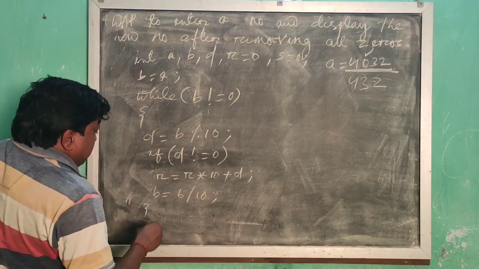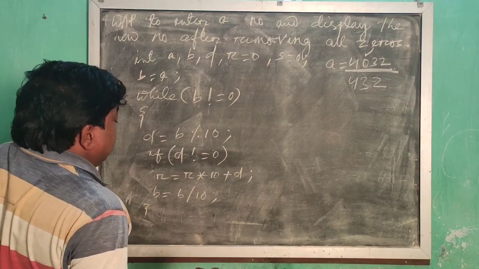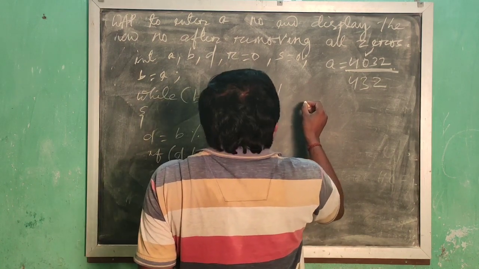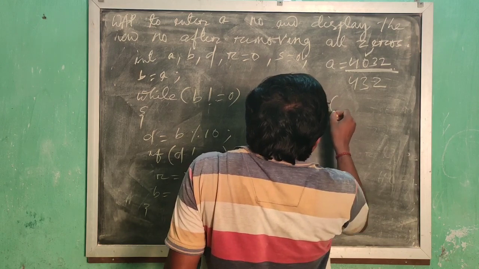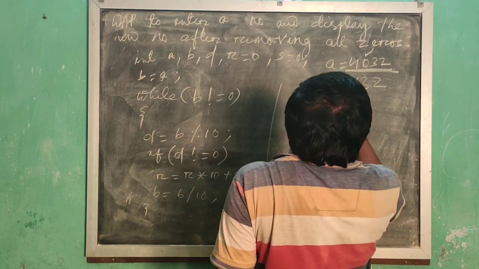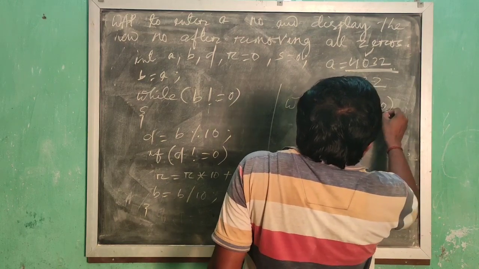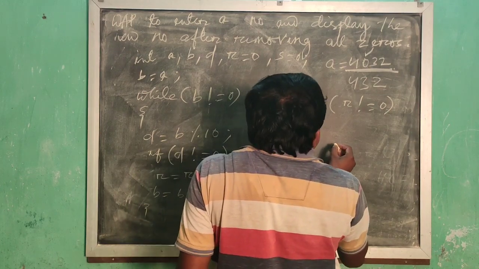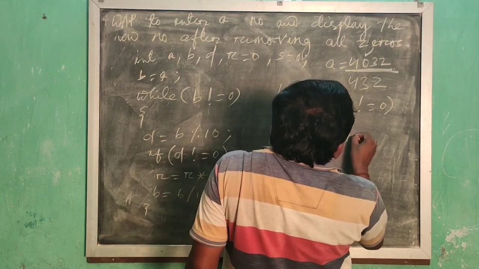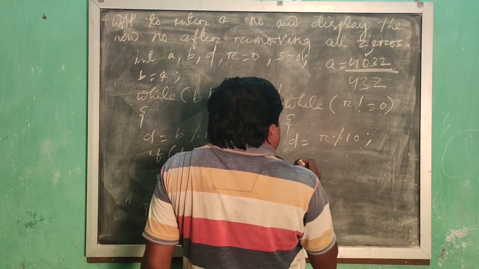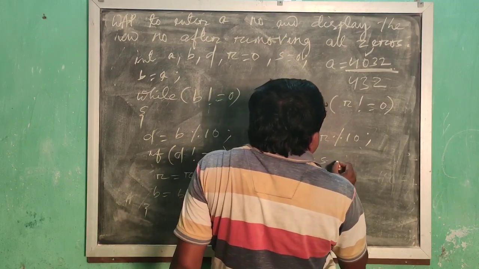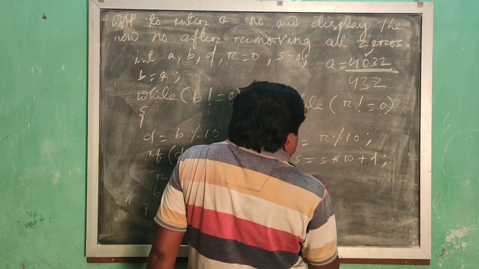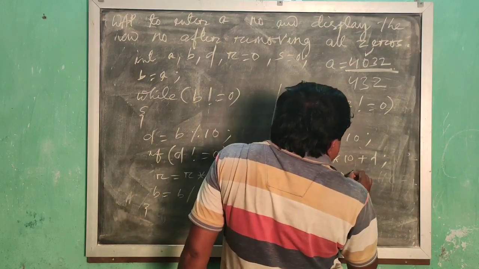Then again while r is not equal to 0, start one parenthesis, d equal to r modulo 10, after that s equal to s into 10 plus d, then r equal to r divided by 10.